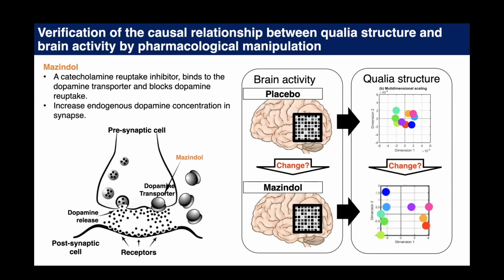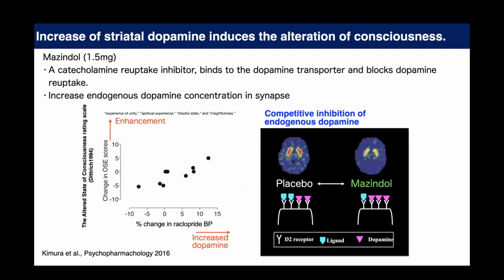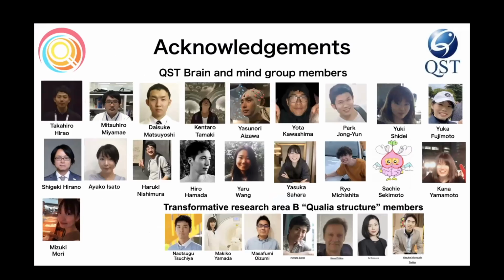In that state, we can measure the brain activity and compare with placebo state and see how Qualia structures and brain patterns are changed, so that we can understand better about the Qualia structure and the relation with the brain patterns. Okay, so this is all.